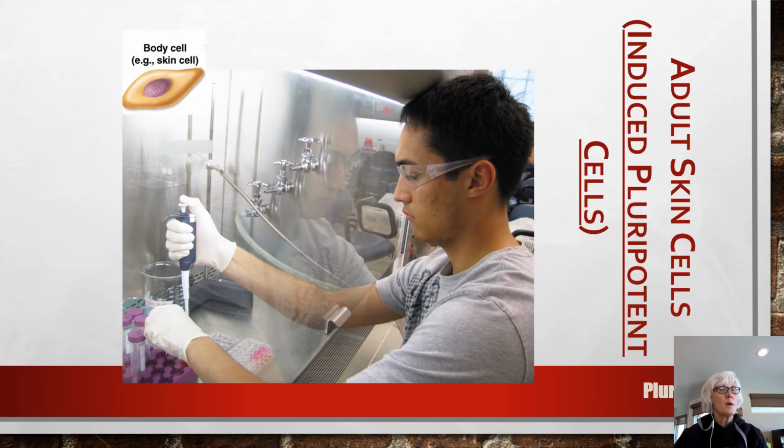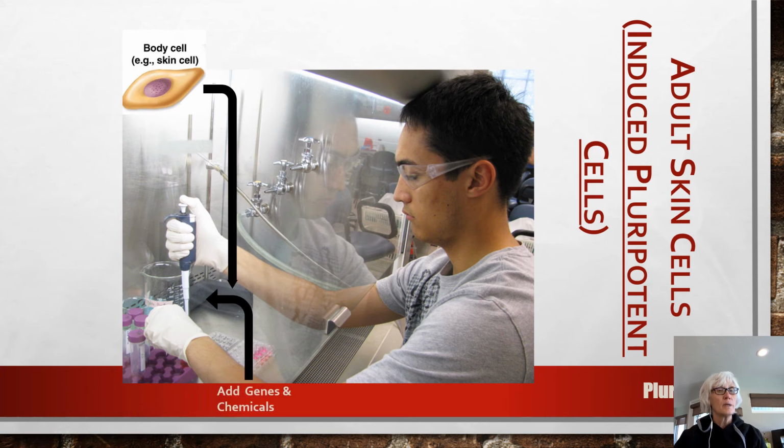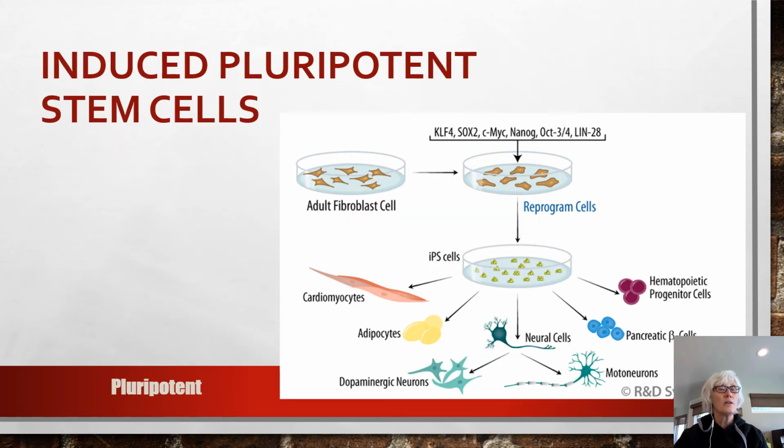It's also possible to induce pluripotent stem cells by isolating a somatic cell like a skin cell and adding to it both genes and chemicals. The addition of genes, DNA, and chemicals will create what we call an induced pluripotent stem cell. Here's how that happens.